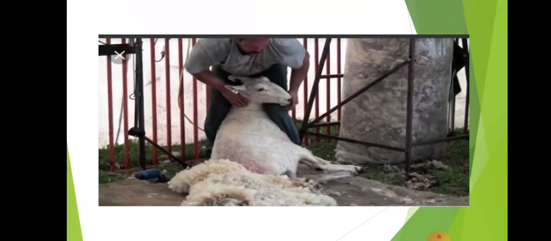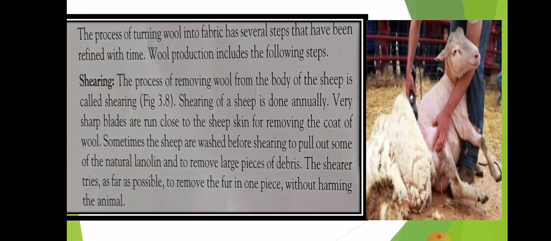Dear students, you can see in this image the man is going to remove the hair of this sheep. You can see here the white colored hair. This step is considered to be shearing. Shearing means what? Let us discuss.